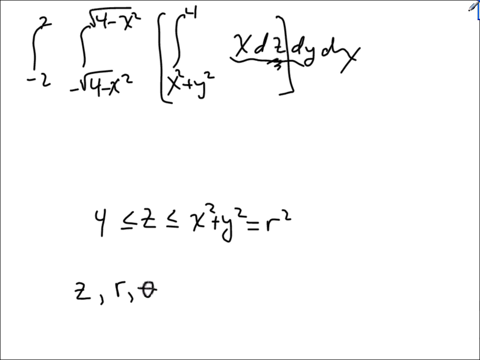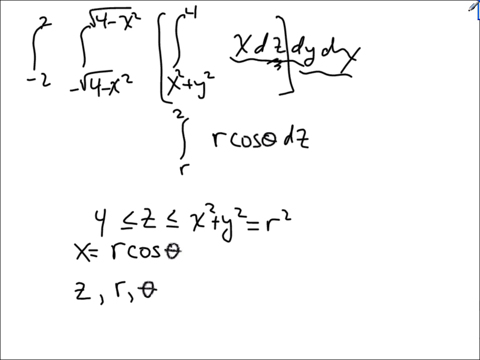So this innermost integral is just the integral from r squared to 4. X becomes r cosine theta. So we get r cosine theta dz.